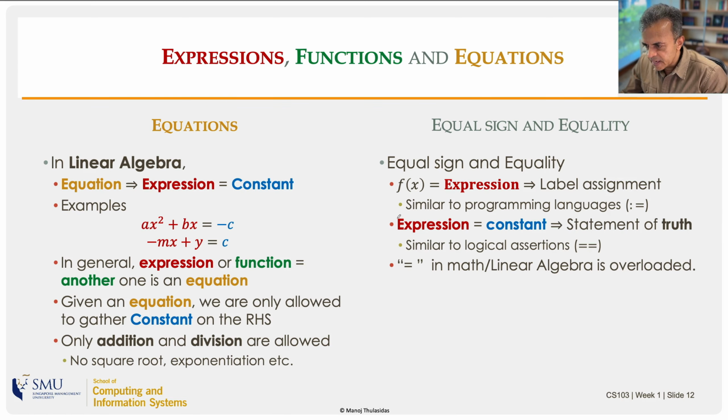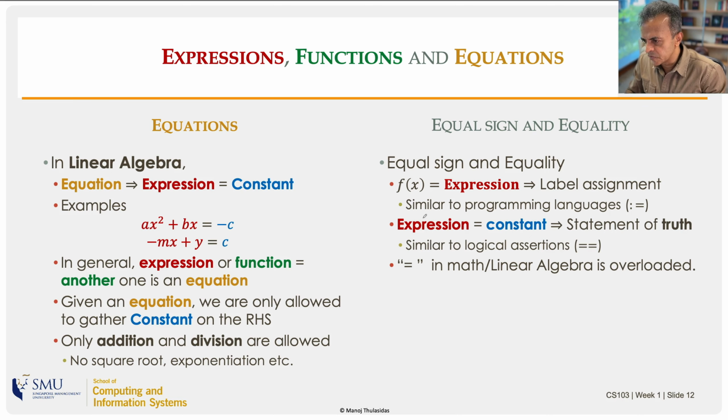But when you say an expression equal to a constant, this equal sign is a different kind of beast. This is actually a statement of truth. We are requiring the expression to be constant. In other words, if the expression is an expression in some variables, we are looking for those values of those variables that will make this equation true.